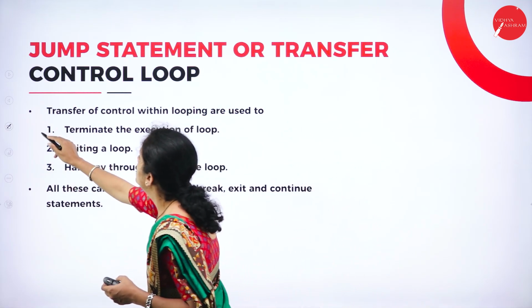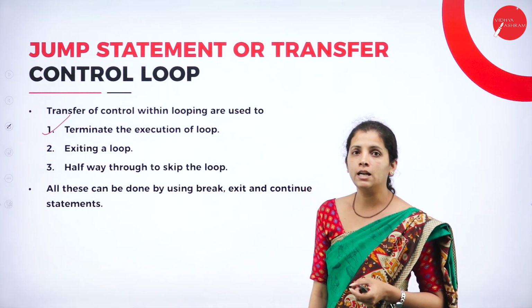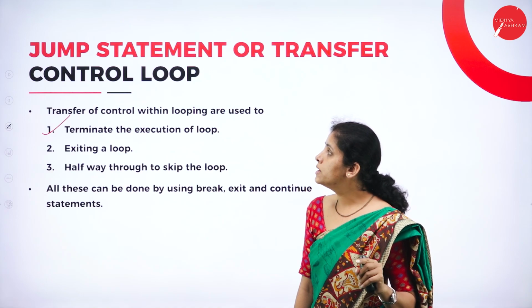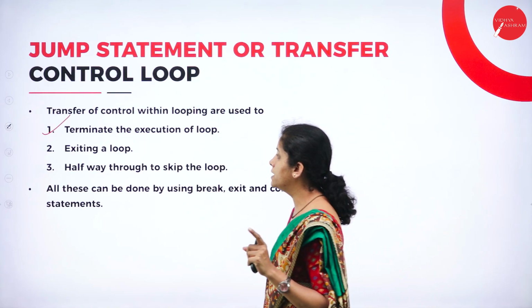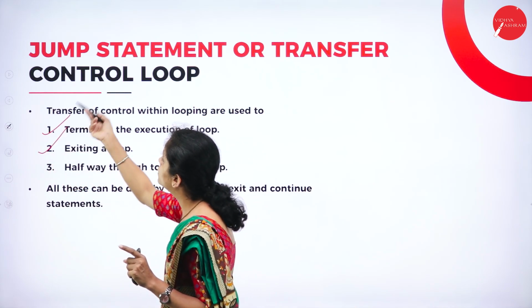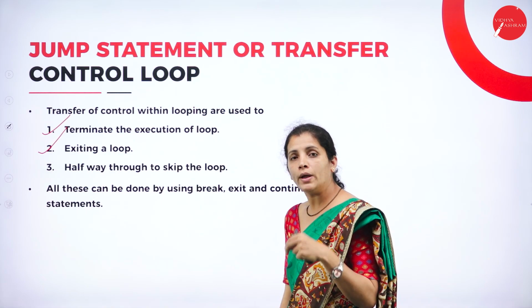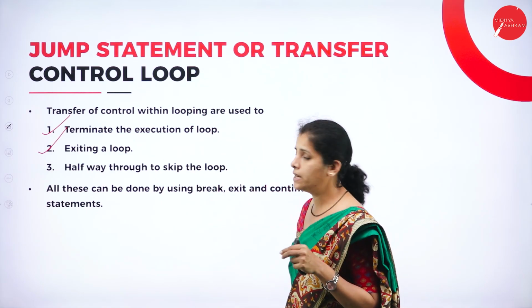And it is responsible for terminating the execution of the loop. That means when I want to terminate the execution of the loop, in that time I can use jump statement. Even I can use it for exiting a loop. That means if I want to exit from the loop, then I can have jump statement.